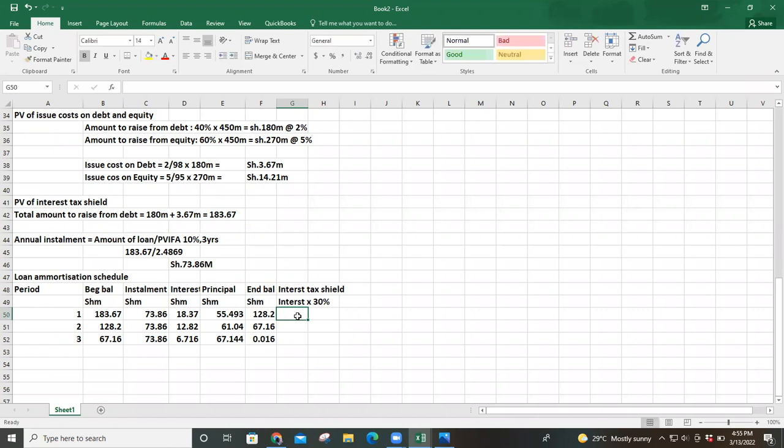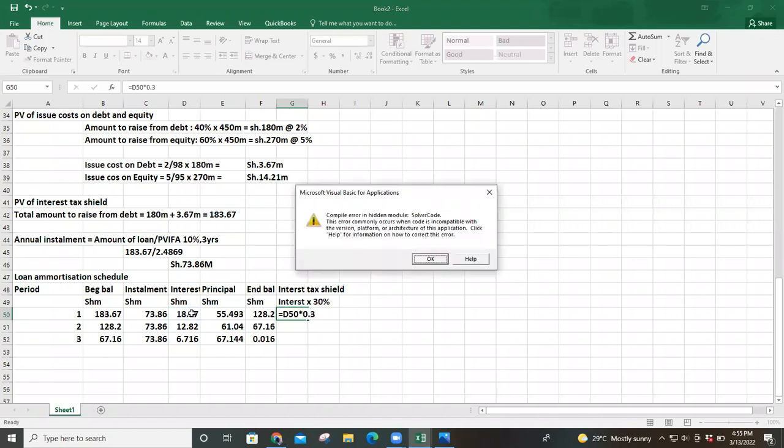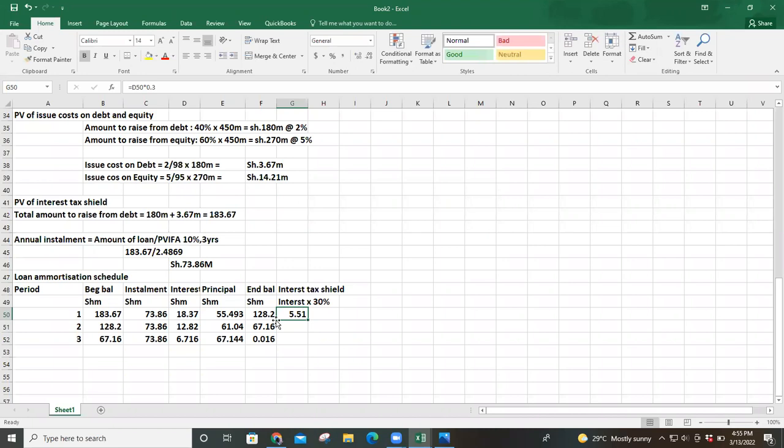So the interest tax shield of year 1 equals the interest times 0.3. We can discount it because we need the present value of the interest tax shield.